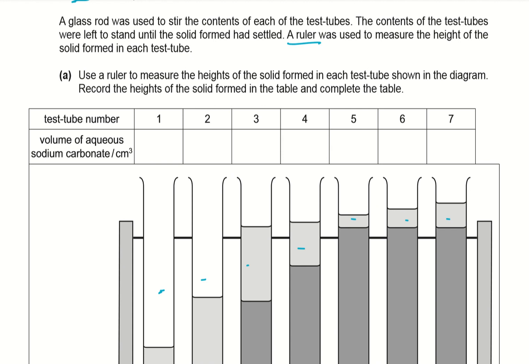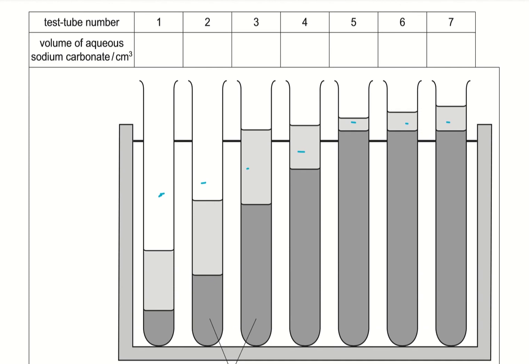So basically, the reaction has taken place between sodium carbonate and barium nitrate. Let me explain that. When these two salts react together, barium nitrate plus sodium carbonate, the two of them are soluble salts.